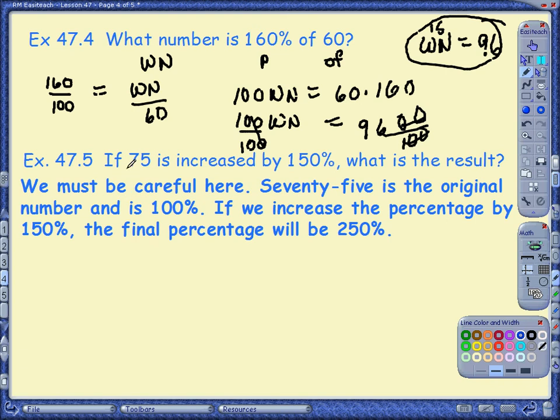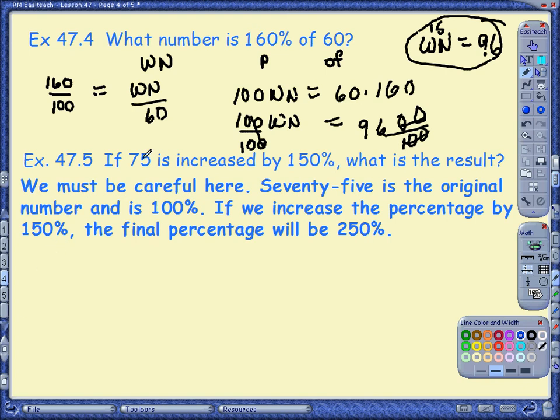This one we have to be very careful about. It says if 75 is increased by 150%, what is the result? So we have to remember that 75 is the original number, and that is 100%. If we increase the percentage by 150%, the final percentage will be 250.